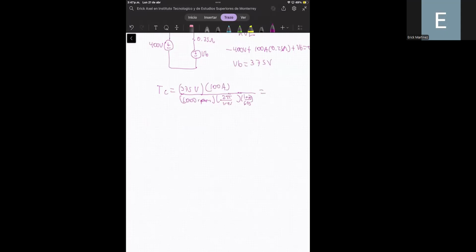So if we introduce all these values in your calculator, you can see that the electromagnetic torque is equal to 358.09 newton meters. Okay, this is the electromagnetic torque.